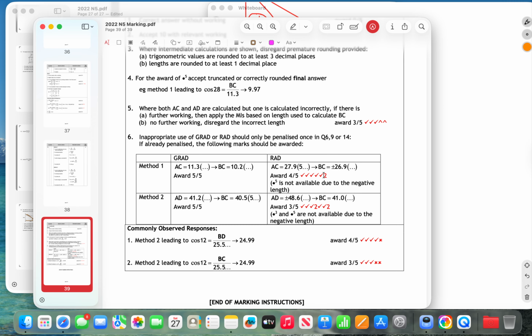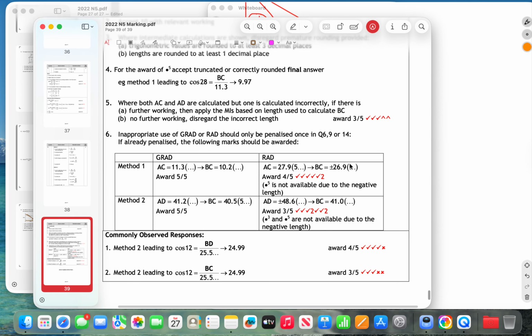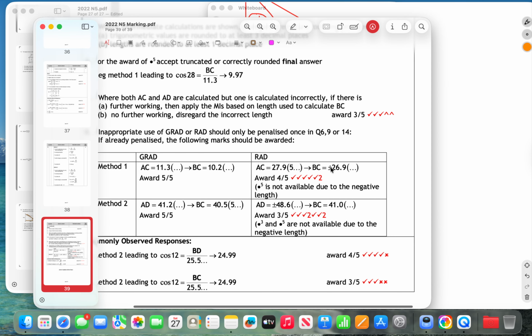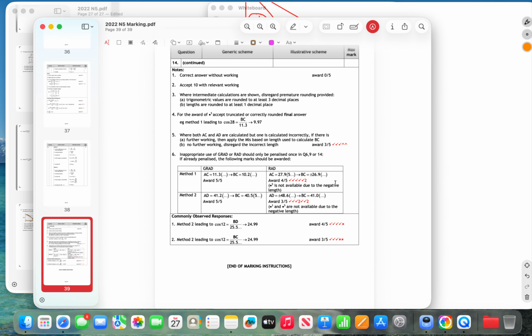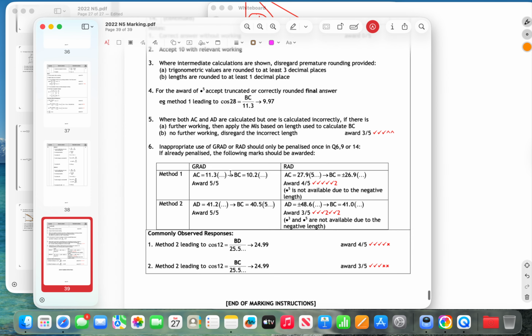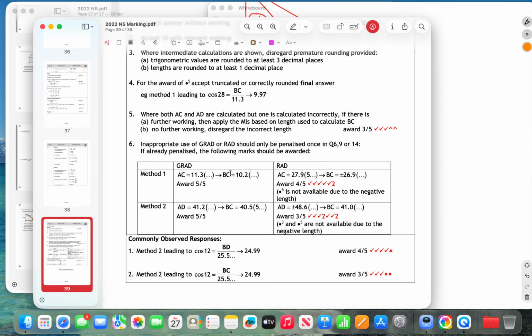There are some exceptions to this though, that if you get negative values of sides, then you would lose marks again. But generally, with a few exceptions, you should only lose 1 mark, and those exceptions are given here because if you get the negatives, then you can't get follow through marks. Just make sure the calculator is on the right mode.